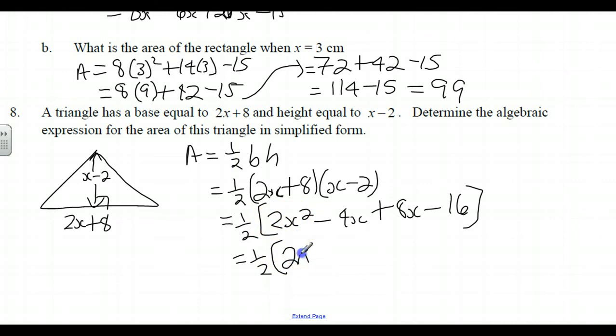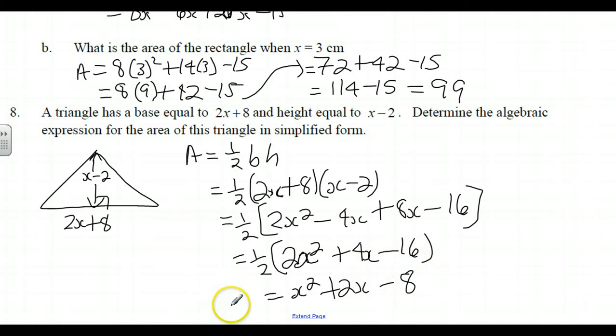Remember, the first and the last terms never collect or simplify, only the middle, plus 4x minus 16, so half of that, half of 2x squared is x squared. Remember, we're distributing this, right? Plus 2x minus 8. And all of these are the area, right? You can write area all the way down the list.